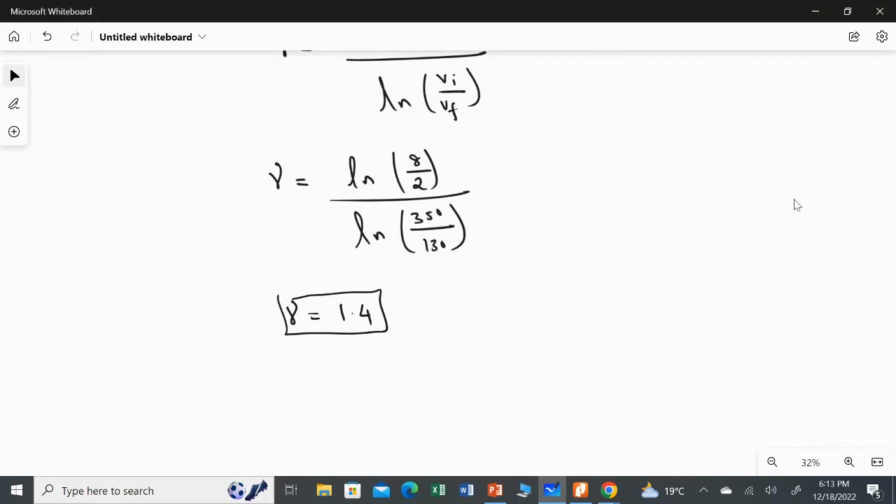What does this 1.4 stand for? Gamma stands for Cp over Cv. Let's use this rule for cross-checking our answer.